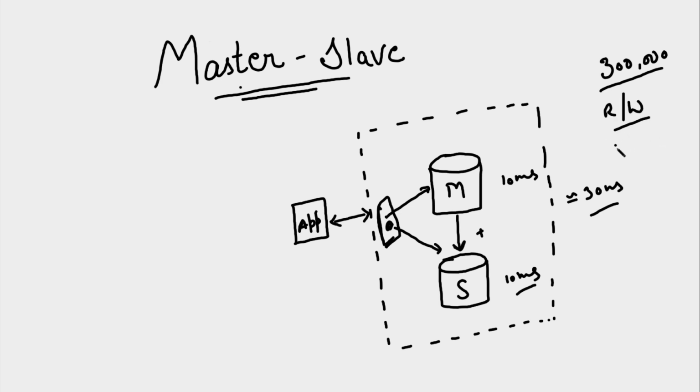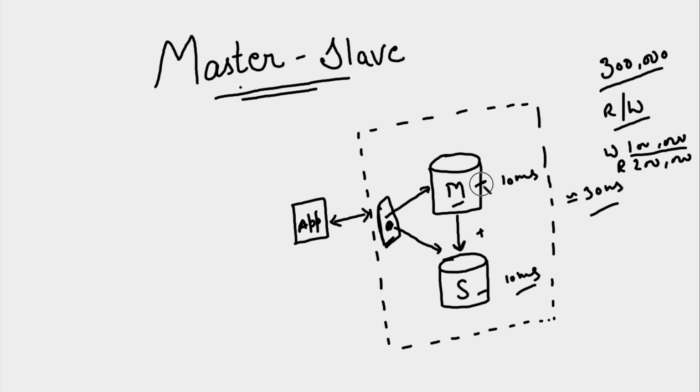Now this particular system will be able to support read and write requests, but out of these, suppose 100,000 are only write requests and the remaining are read requests. So these 100,000 requests will be served by the master, and the remaining 200,000 will be served by the slave. Now it only depends on the capacity of these individual servers, how much they can handle.